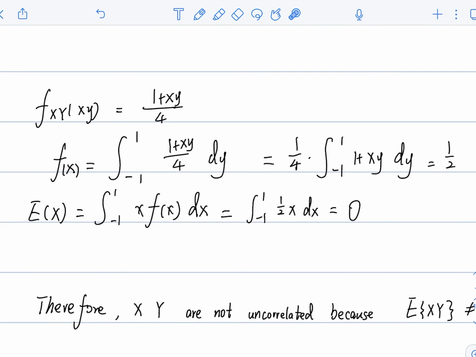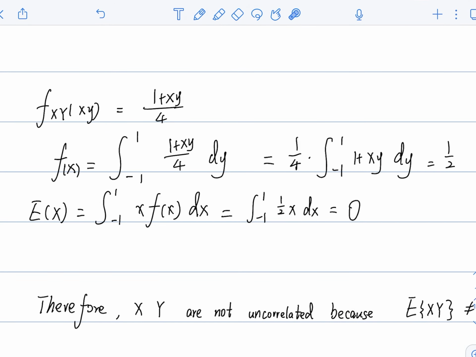And next, to calculate E[X], the expected value of X, we calculate f(x), because the expected value of X is equal to the integral of x f(x), and f(x) is equal to the integral of f(x,y) dy.